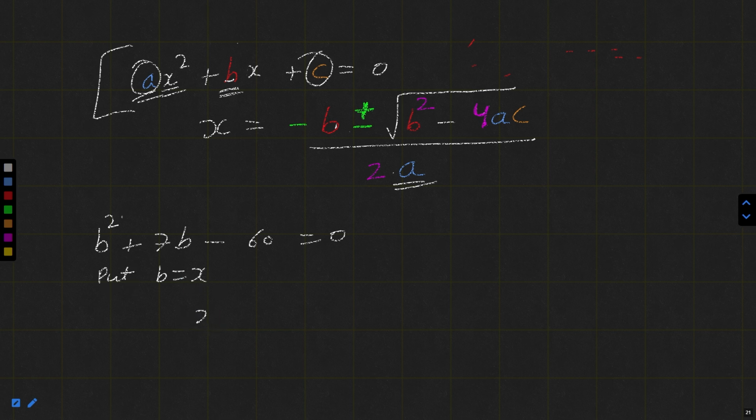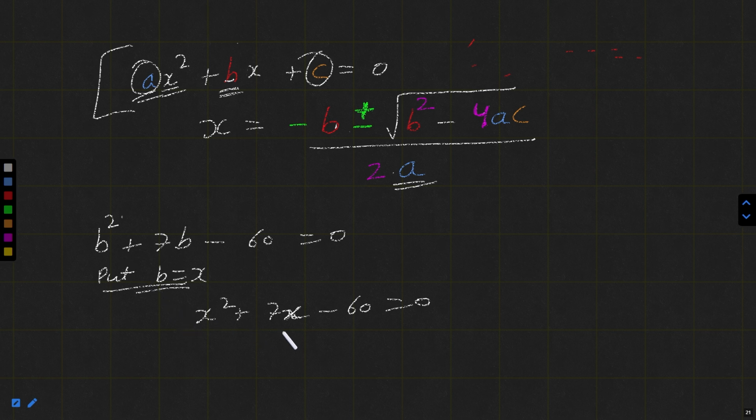That means x square plus 7x minus 60 is equal to 0. By putting b equal to x, you don't get confused and can easily evaluate the value for x. If the value of x is something, then the same value works for b.